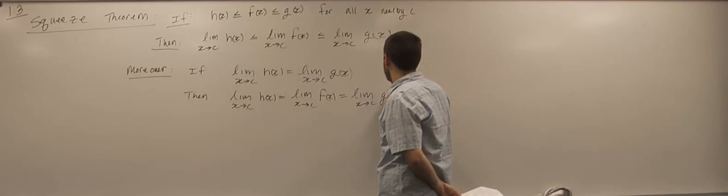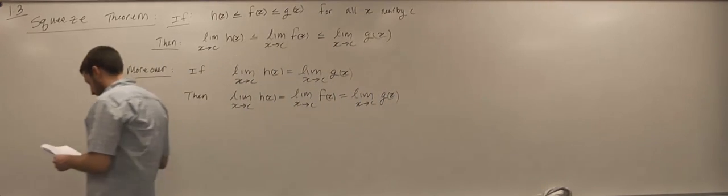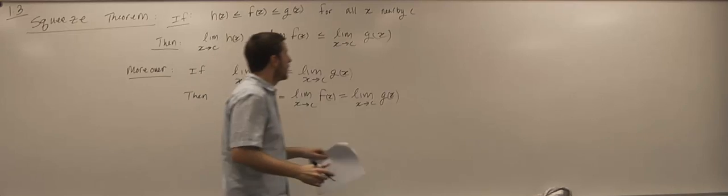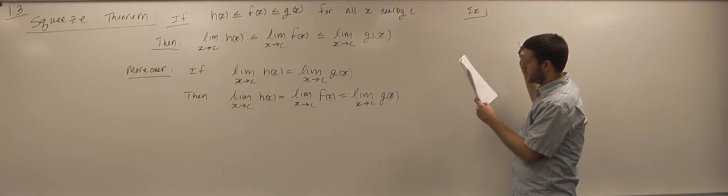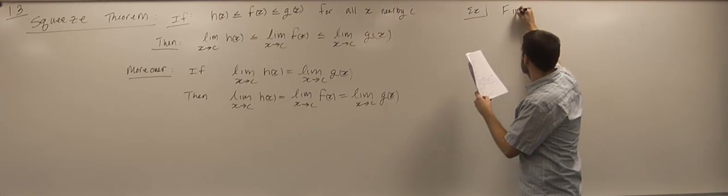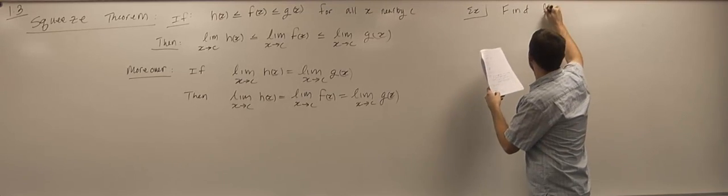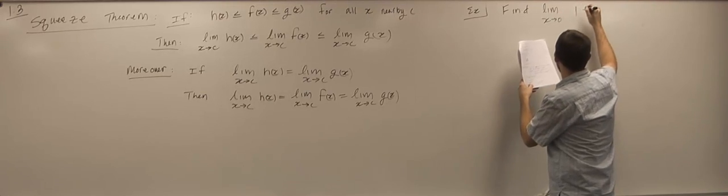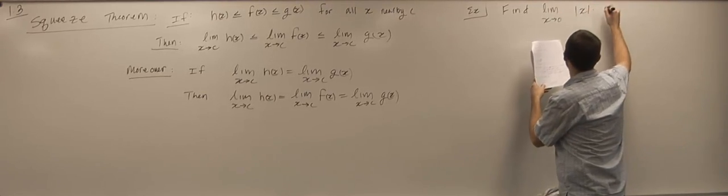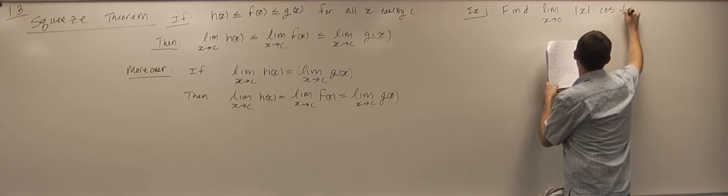Let me give you an example. This is your buddy. This is your pal. You guys like this guy. Find the limit as x goes to 0 of absolute value x times cosine of 1 over x.